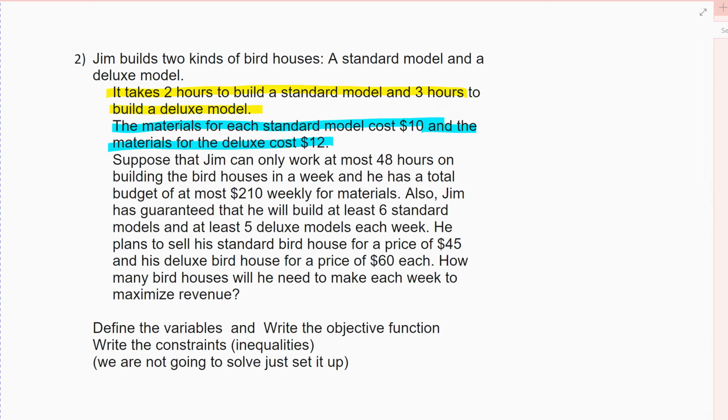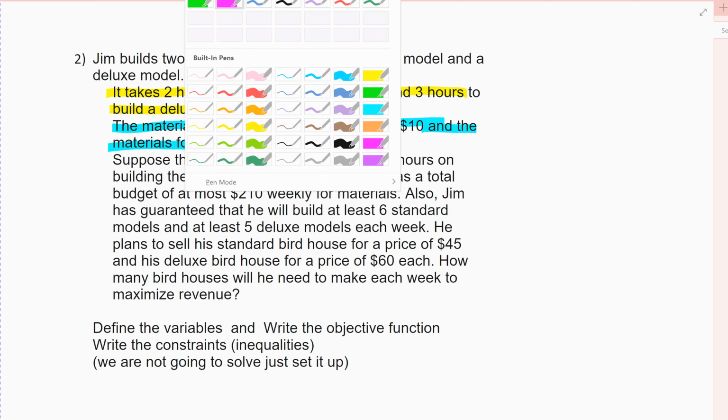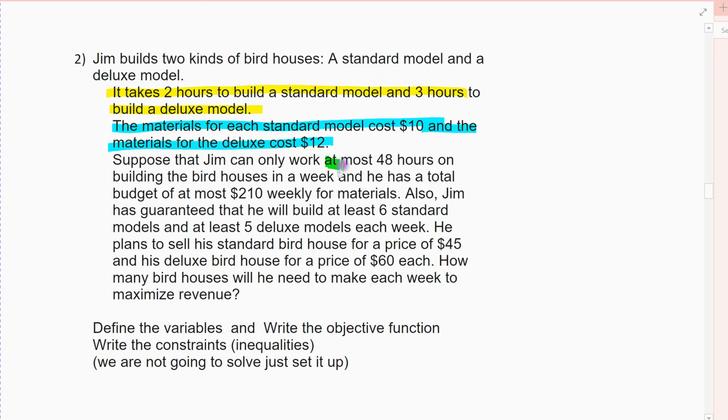Suppose Jim can only work at most 48 hours on building birdhouses. He has a budget of at most $210 of material.